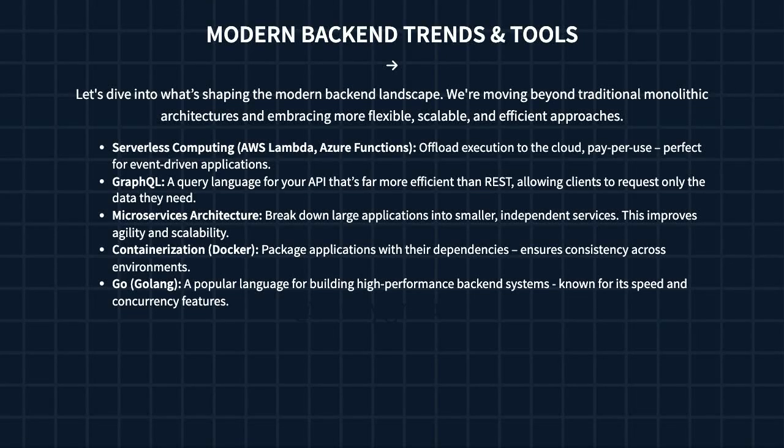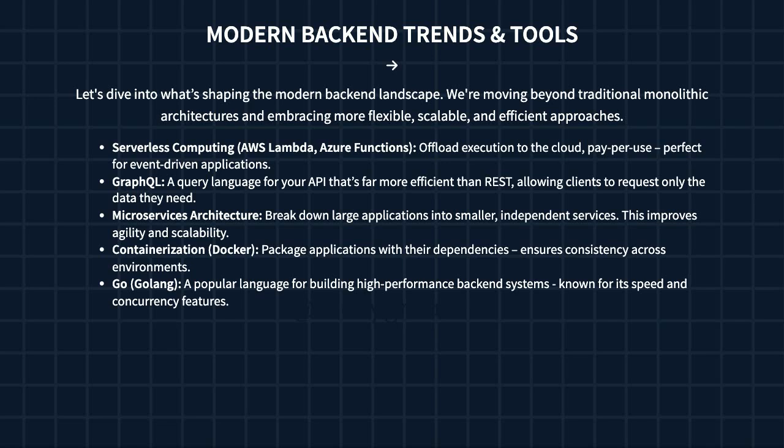Okay, so let's talk about what's going on in the world of backend development right now. We're seeing a huge shift away from big, complicated systems to more lightweight and flexible solutions. Serverless computing is becoming increasingly popular. It means you can run code without managing servers yourself. GraphQL is another big trend. It helps applications get exactly the data they need, making things much faster and more efficient.